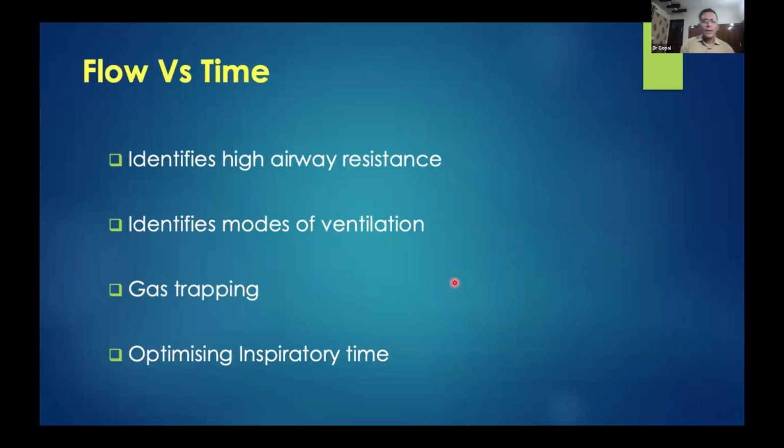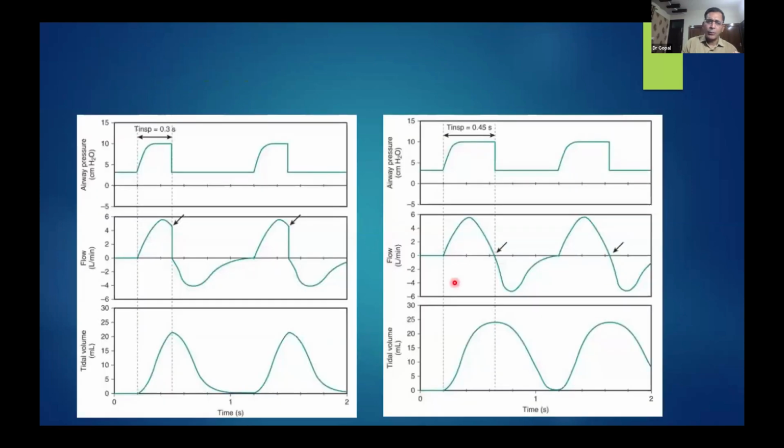Okay. Fourth most important is how to see whether inspiratory time is adequate or not. Flow time is the best loop or graphic to see whether your inspiratory time is adequate or not. So blindly, if you set every baby at 0.45 or 0.4 or 0.3, that doesn't work. You have to use graphics to say whether you're dealing with it in an appropriate manner.